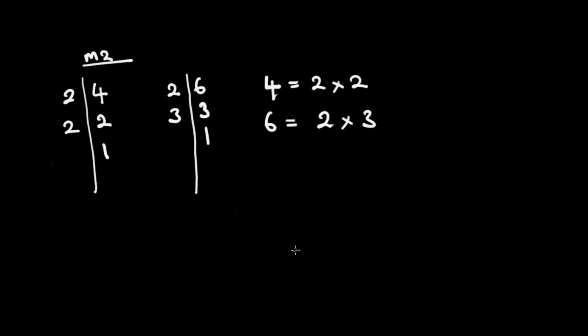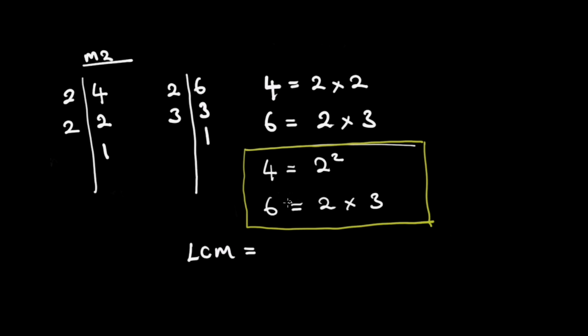We have to express these factors as powers. So 4 becomes 2 squared, and 6 is equal to 2 times 3. When we want to find the lowest common multiple, we look here at the factors of 4 and of 6. We see that 2 is common, because in the factors of 4 there is 2, and in the factors of 6 there is 2 as well.